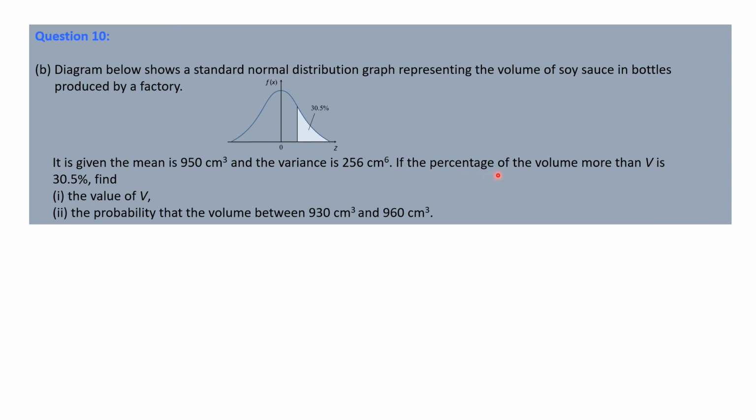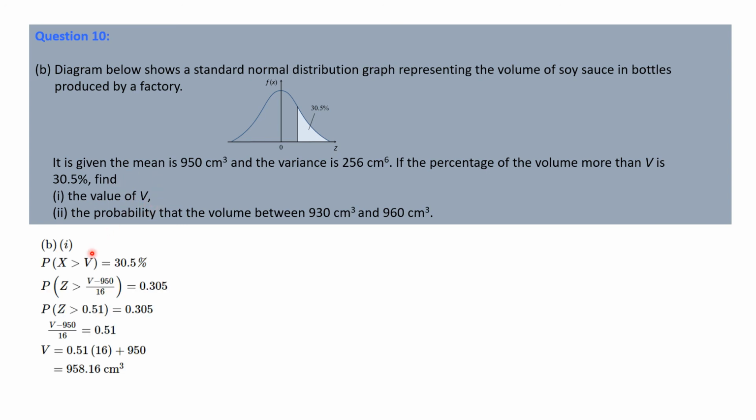So if the percentage of the volume more than V is 30.5%, find the value of V. So let us look at the bell. 30.5% is the area under the curve. So we have to find the probability for x greater than V, which is equal to 30.5%, that is 0.305.